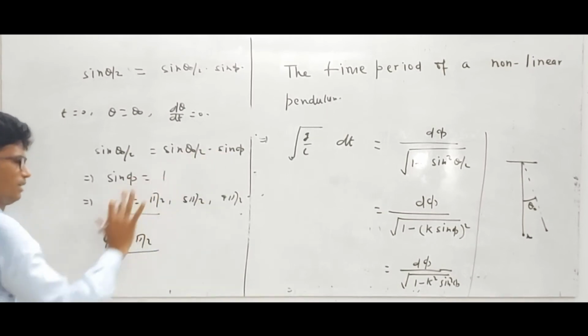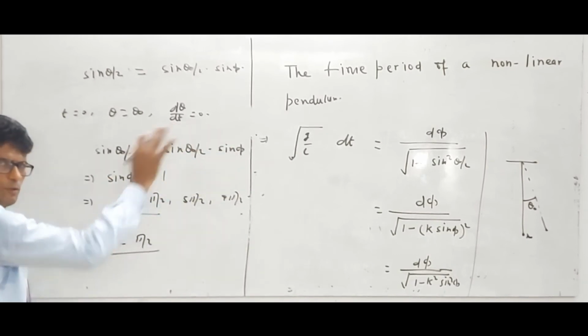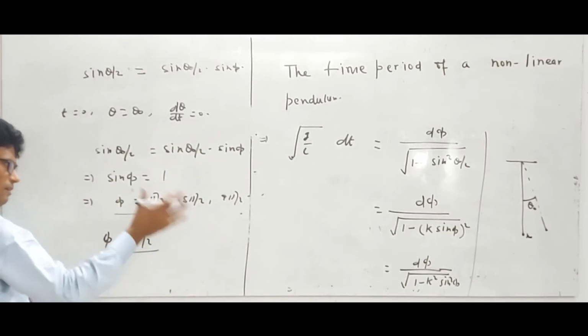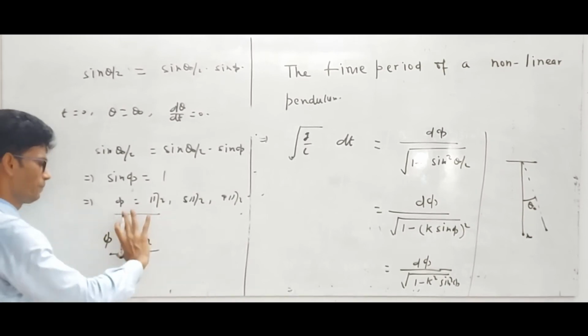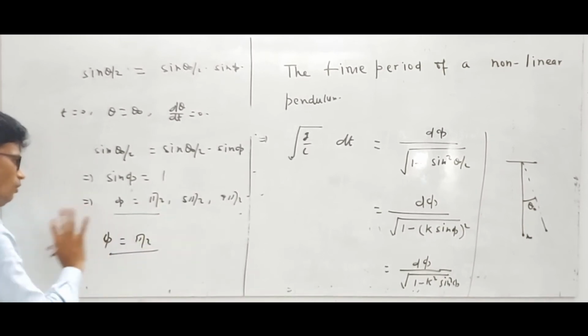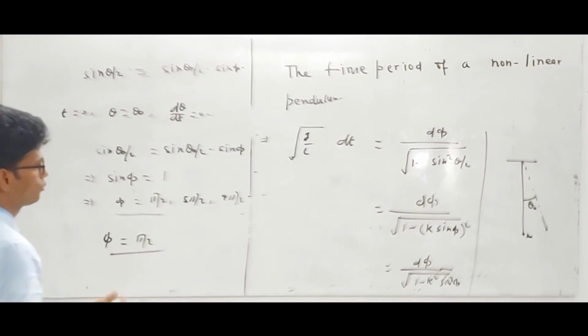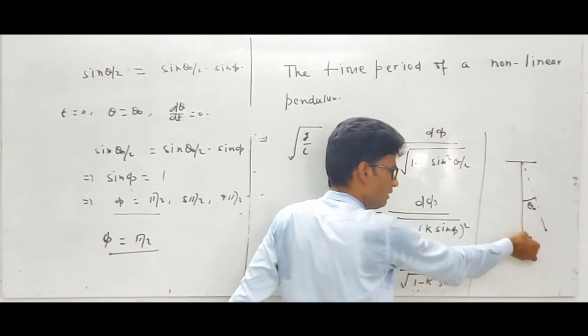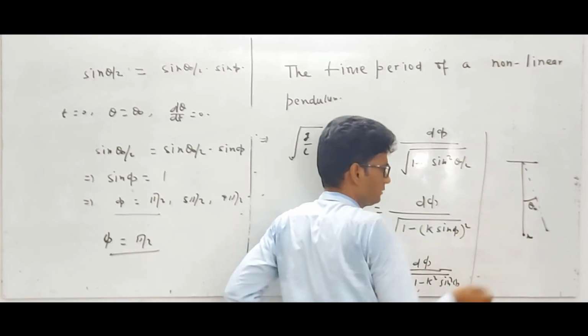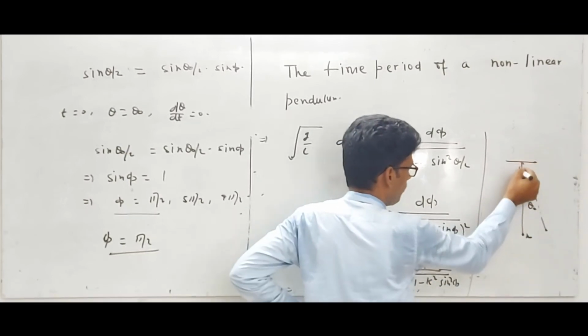These are the mathematical possibilities, but for the physical situation we have to take only phi is equal to pi by 2. Now this is the one. Another story is that if we let it go, it comes here, goes there, a to and fro motion.